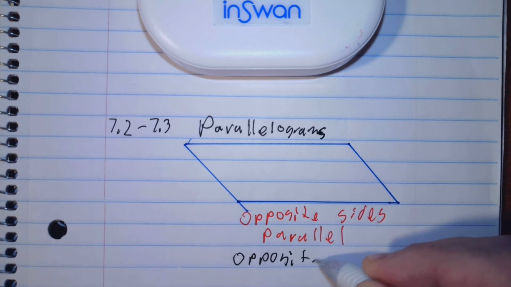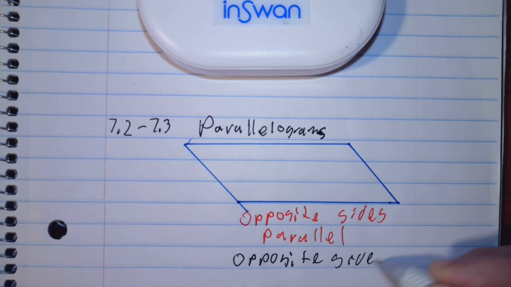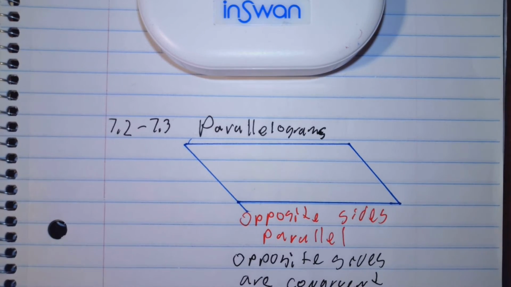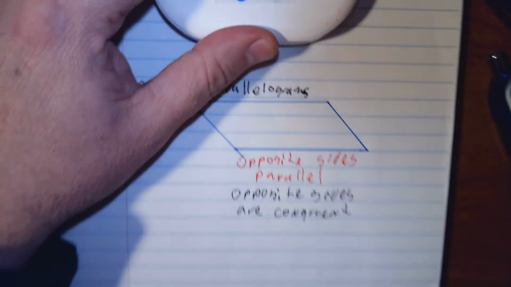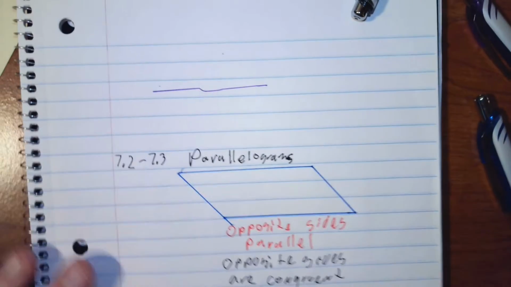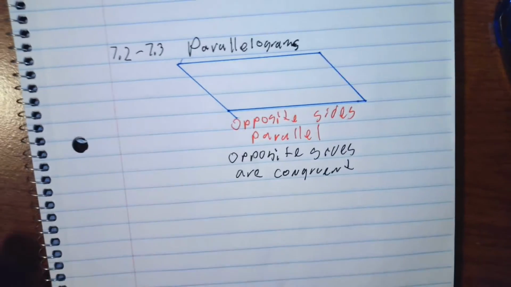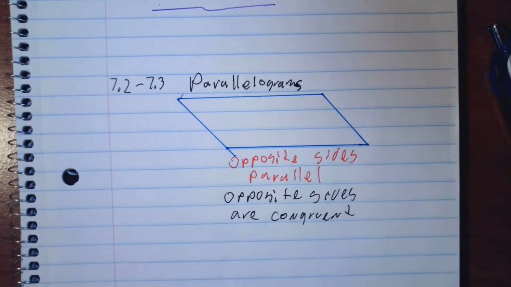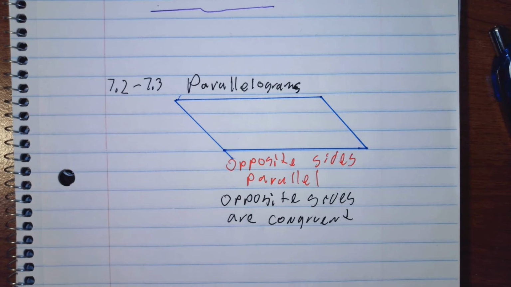I'm going to mark the shape. I'm going to make this bigger and less basic. So opposite sides are congruent. Opposite angles are congruent.